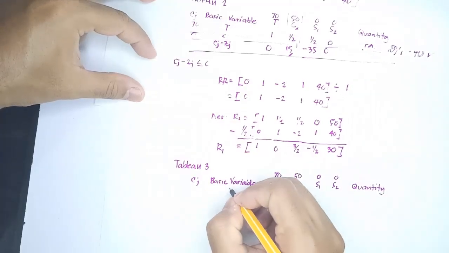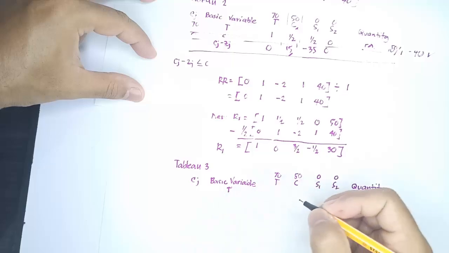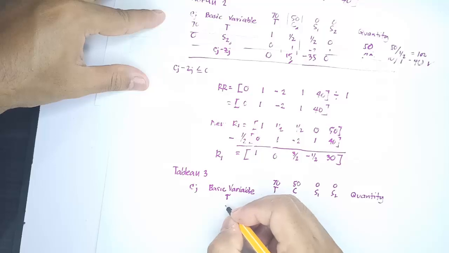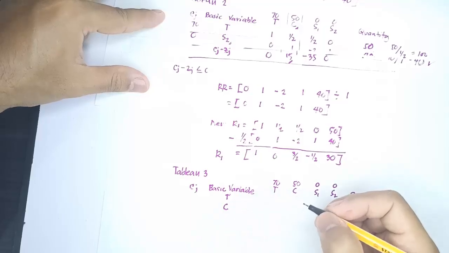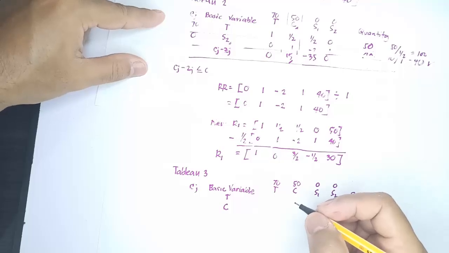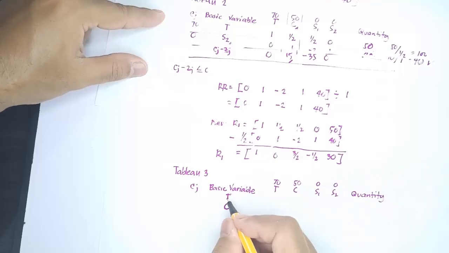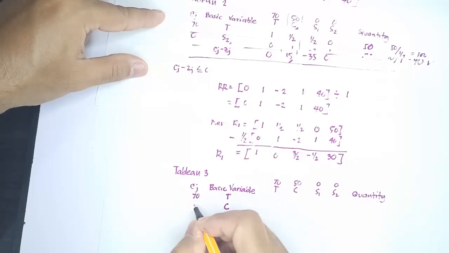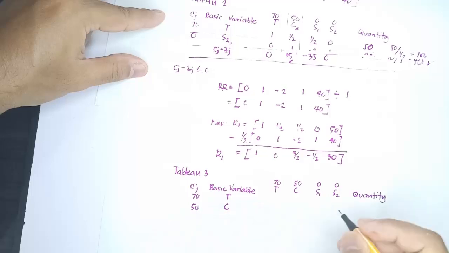So for row 1, the basic variable is t. For row 2, the basic variable would be c, which is the entering variable. It replaced the variable s2. The coefficient of t in the objective function is 70, and for c is 50.